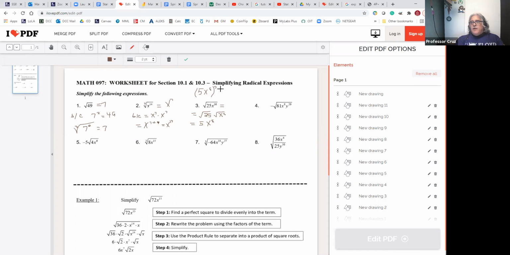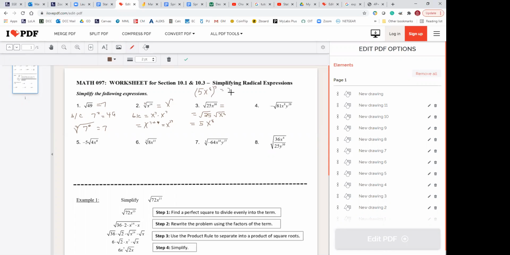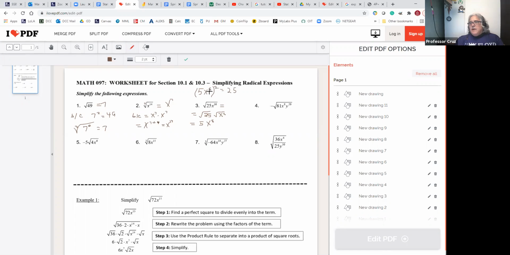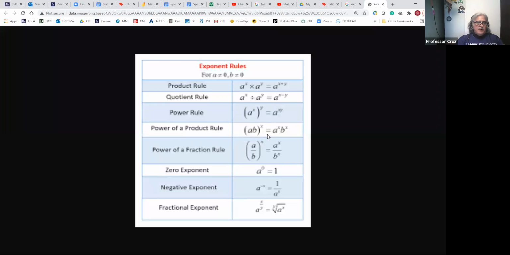So 5 squared is 25. And it's a square. And 8 times 2 is 16. Going back to our rules here about the exponents. Okay.